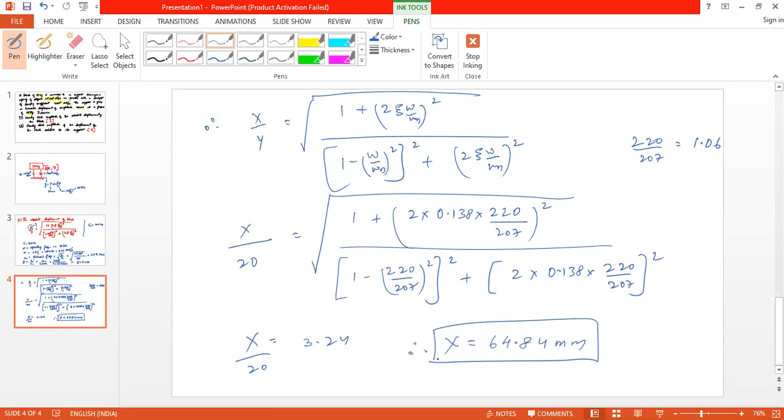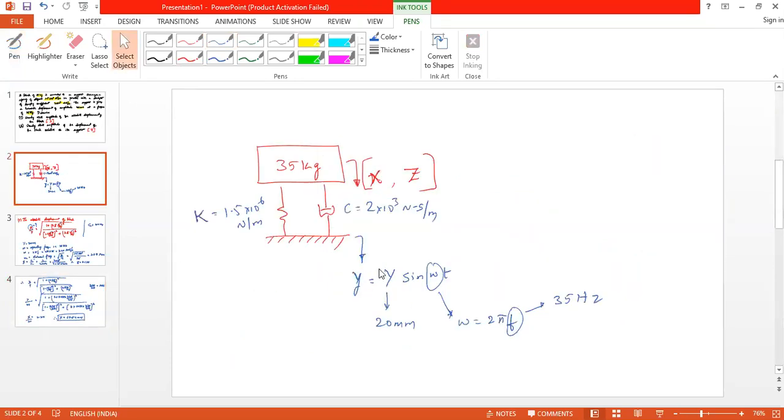So this is the maximum absolute displacement of the mass m. See here, the meaning is, if the displacement of the support is 20 mm, then the mass will have a displacement of 64 mm.